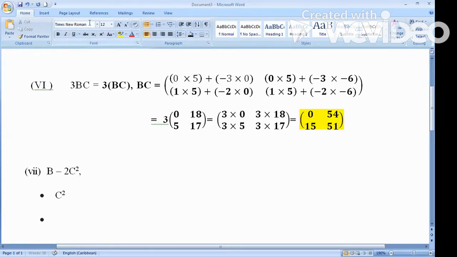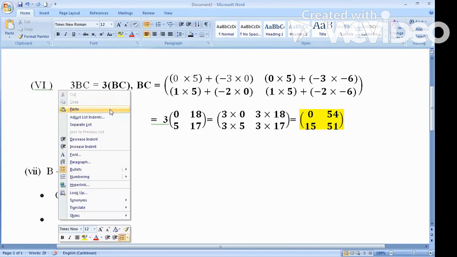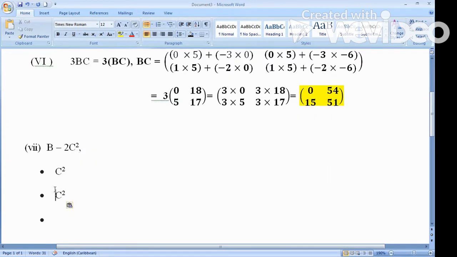What next? Then you times it by 2. By the way, what is C square? How do you work out C square?